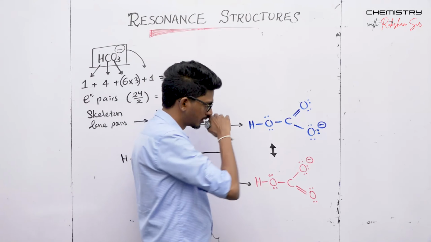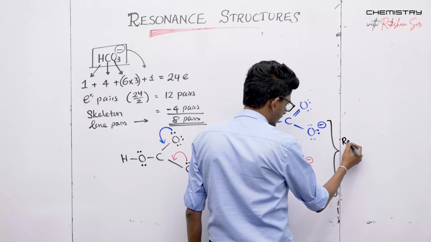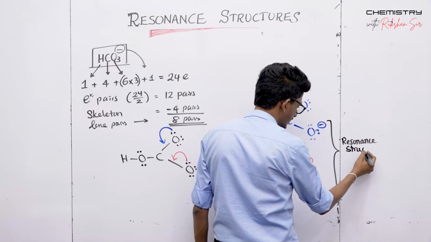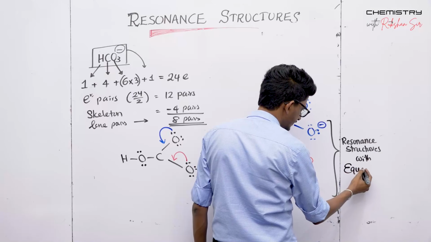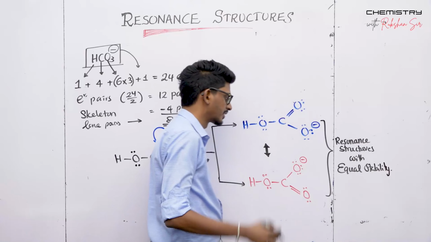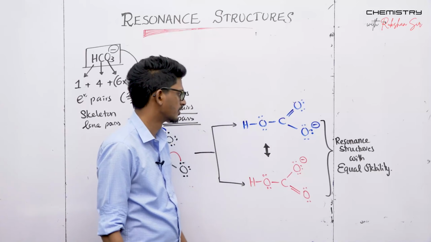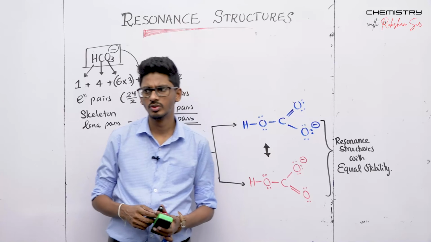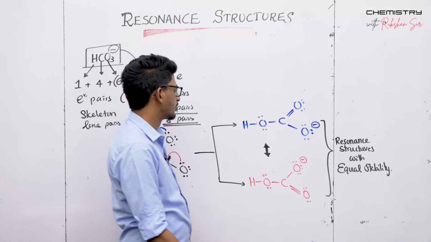Both are considered stable structures. The negative charge is on an oxygen in both cases, so no reason for one to be more or less stable. So such resonance structures can be drawn for HCO3 minus.